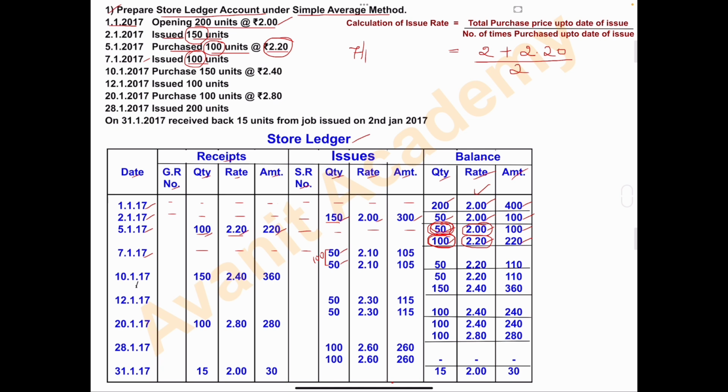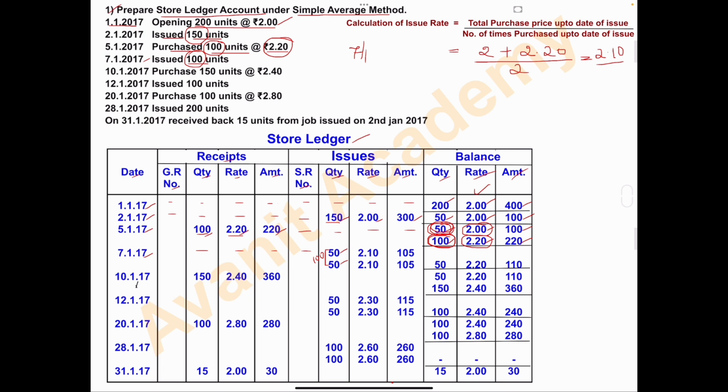So 2 plus 2.20 divided by 2. So what does it come to? Answer is 2.10.